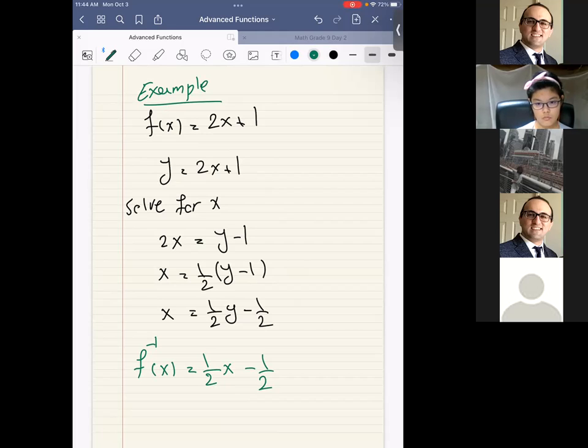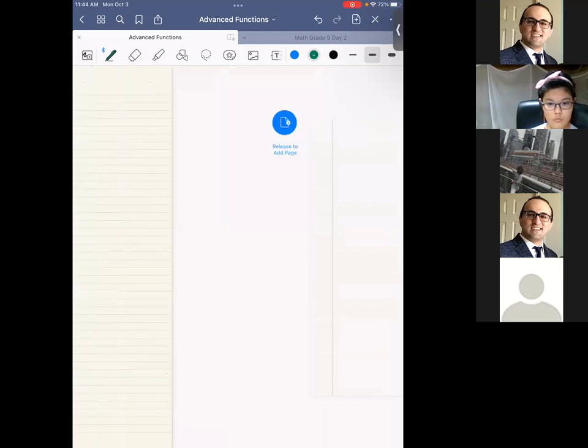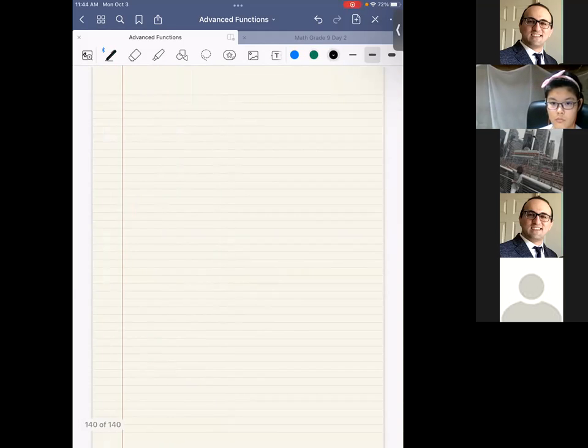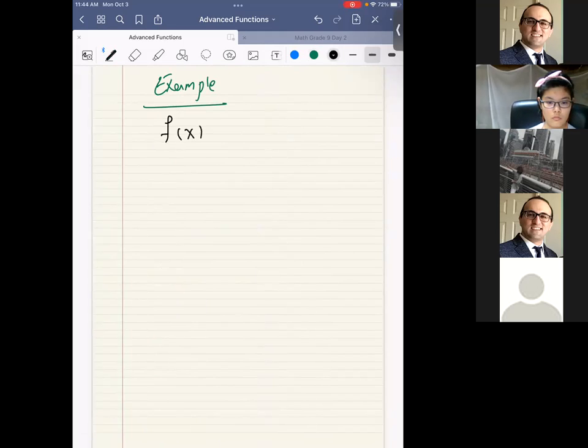Okay, so that was an easy example. Let's do a more complicated one. Example 2. Say that f of x equals 1 minus x over 2x plus 1. I want you to find the inverse. Can someone tell me the inverse?